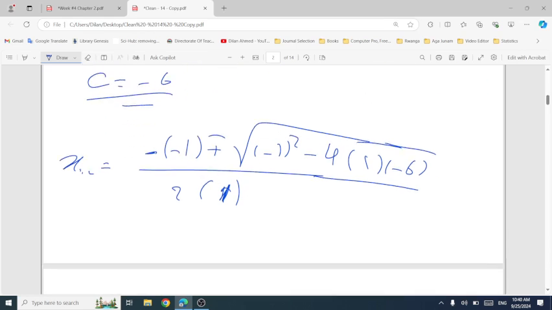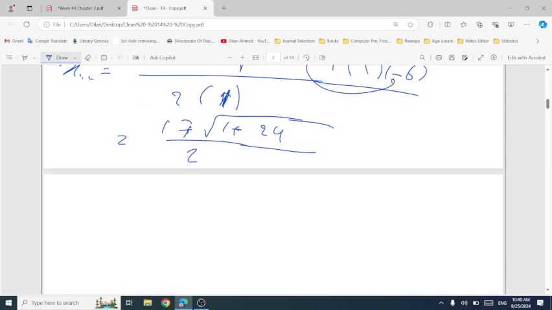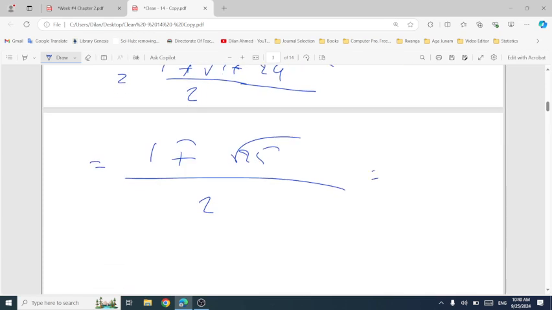Then you'll get 1 plus minus square root of 1 minus 4 times 1 times minus 6, which is 1 plus 24, because negative multiply negative gives positive. So you'll get 1 plus minus square root of 25 over 2, equal to 1 plus minus 5 over 2.